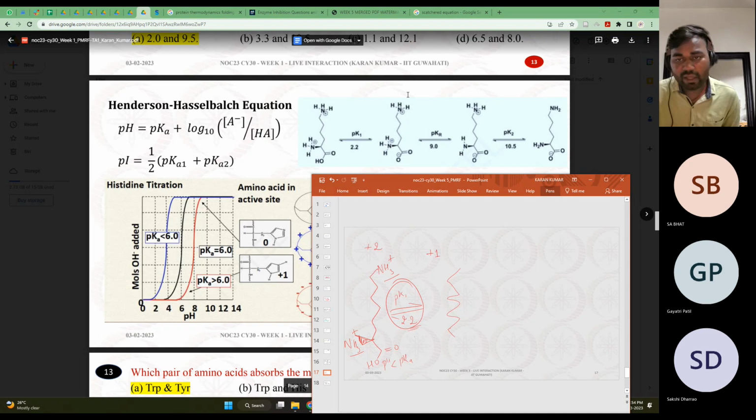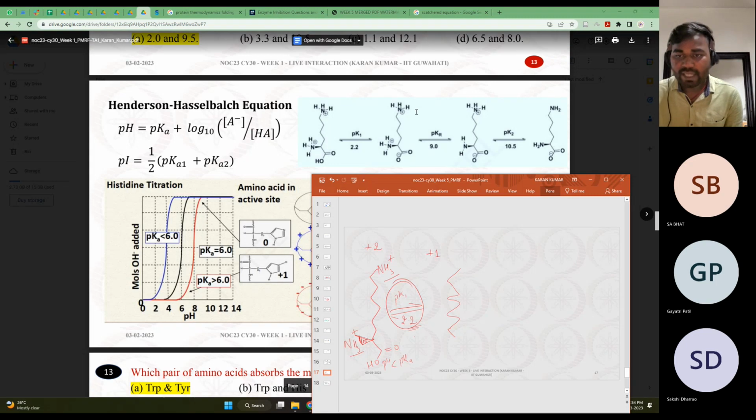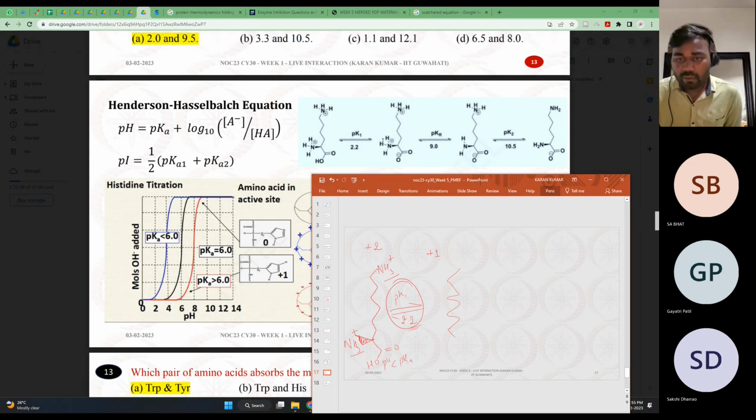Now which amino group will lose its proton first? Alpha amino group or side chain amino group? So you also remember this fact that if there are two amino groups present in the amino acid, one attached to the alpha carbon, another attached to the side chain, then the first amino group that will lose its proton will be the alpha amino group.